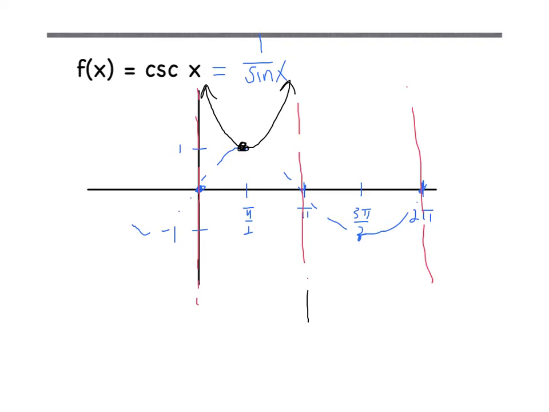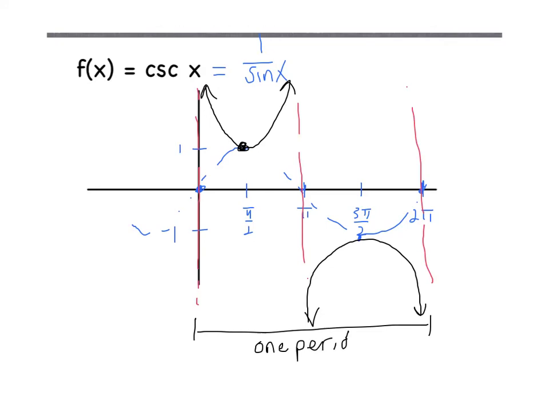So the actual cosecant graph is in black. And it does not cross the asymptotes or touch them. It gets up close to them and doesn't. So this whole thing is one period of the cosecant graph, and that is 2 pi.